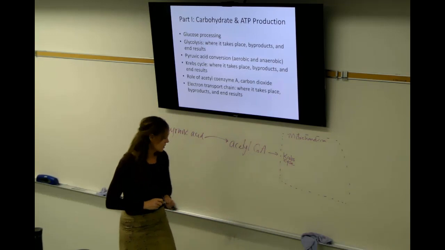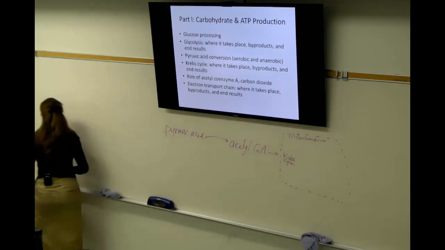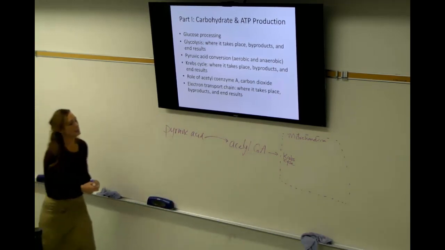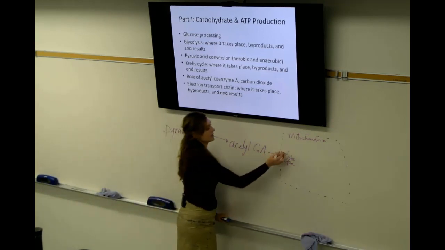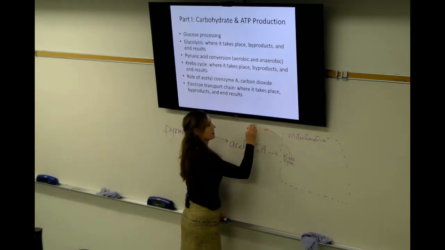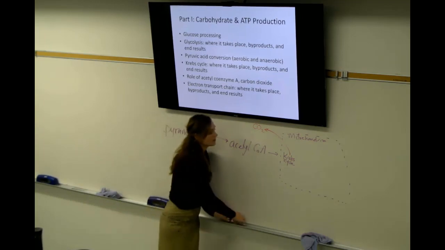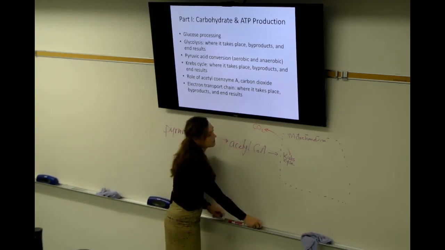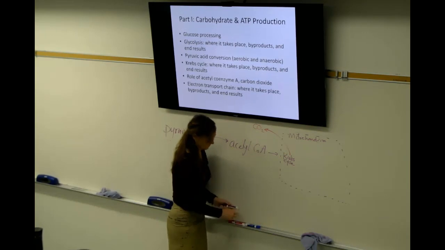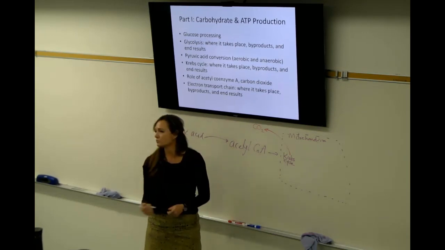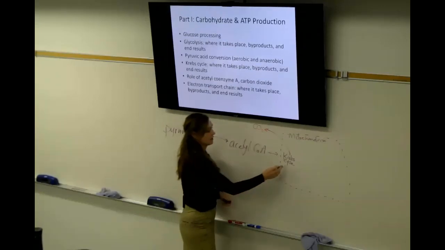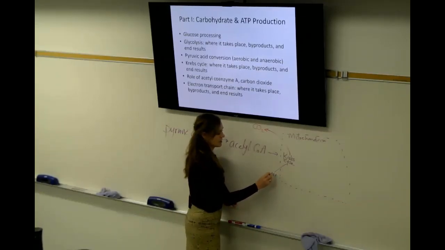The Krebs cycle creates what? Carbon dioxide. That's sort of its waste product that we get from the Krebs cycle. And what else does it make? We get a couple of ATP that come out. That's kind of handy.